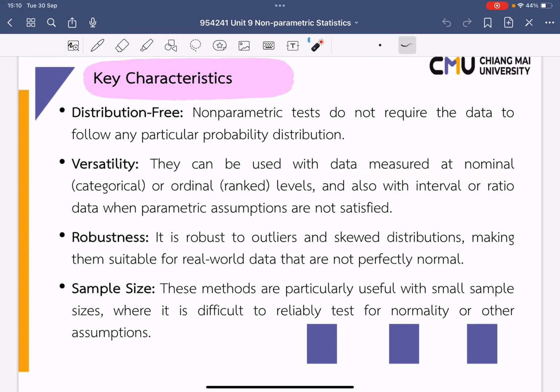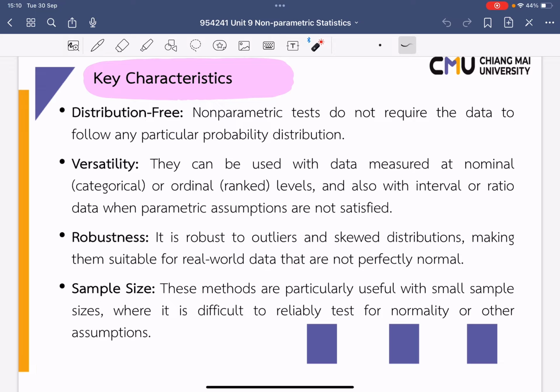I will talk about the types of data on the next slide. Nominal data means categorical or qualitative data, and ordinal data means data that you can rank, like a customer satisfaction score, ranked from high to low. It may not be a number, but you can rank the levels.